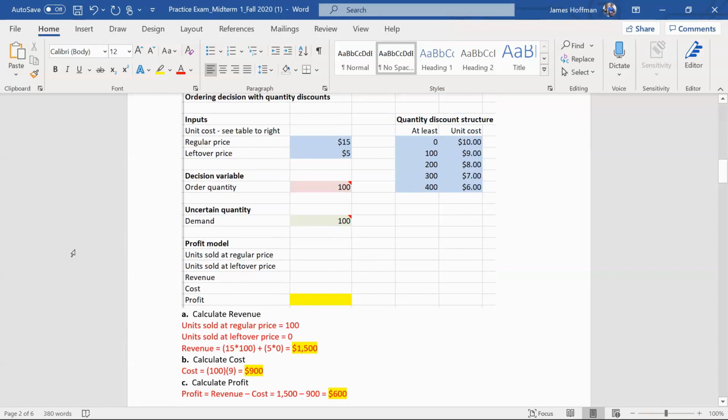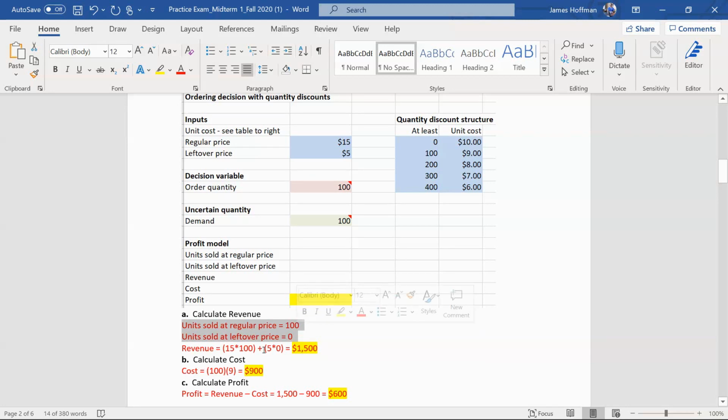Okay, so for part C, profit is always revenue minus cost. Even if you were to miss a calculation for part A and part B, still do your revenue minus your cost, because I would still give you credit for that, even if you got B or C slightly off. But the key here is, first of all, to determine how many books you sell at the regular leftover price.